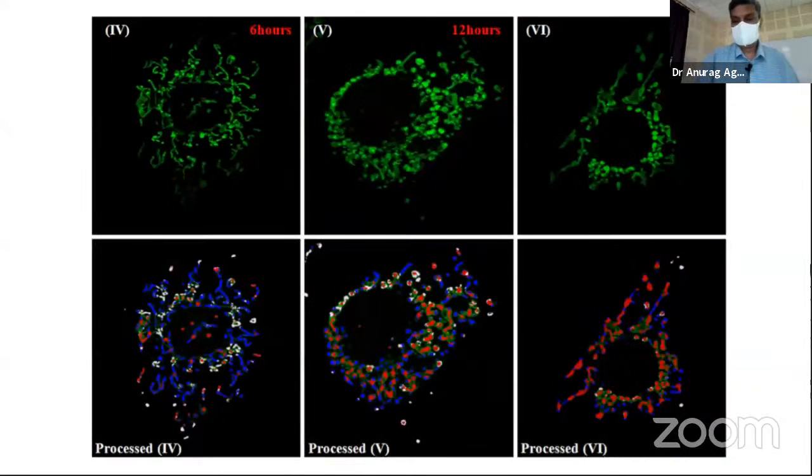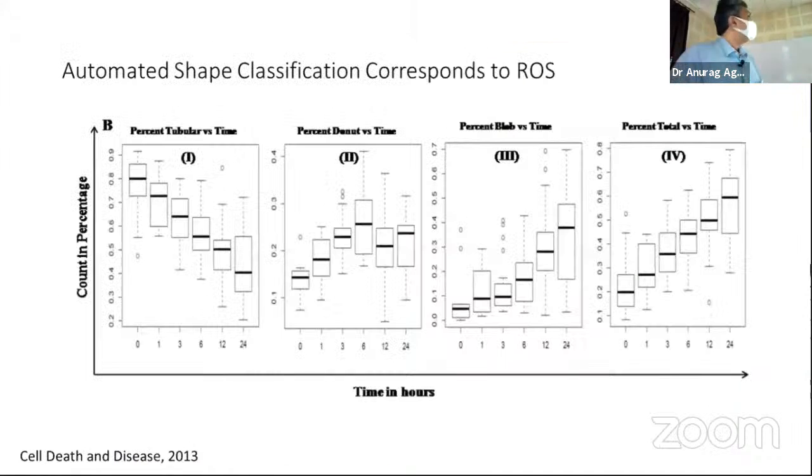So you can see here now that the computer is doing the classifications: elongated, donuts, blobs. The advantage of this approach is, and don't worry, don't look at this particular slide, it's not projecting well, we could actually do time course analysis of when ROS rises, when shapes change, when you give a particular treatment, when things are reversible, at what point things become irreversible.